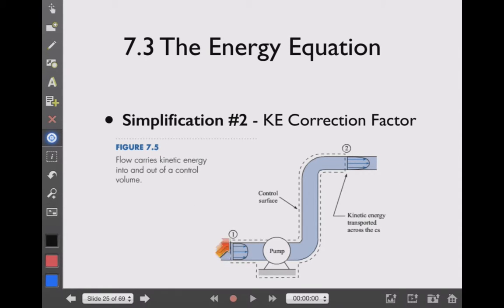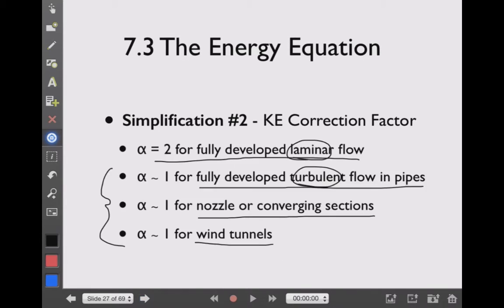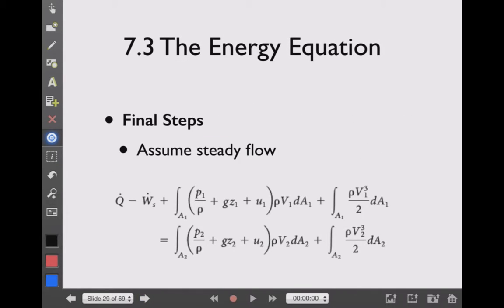We've defined a control volume with two control surfaces where we either know the information or we want to know the information. Now we've got a pump in here, and so it's a familiar application of the Reynolds transport theorem. And so we've broken the equation into two different areas of flow.